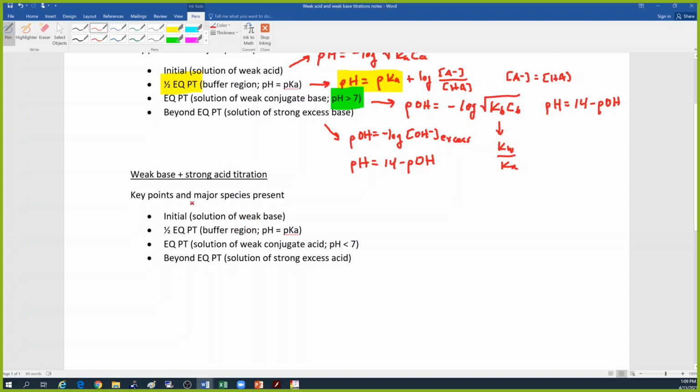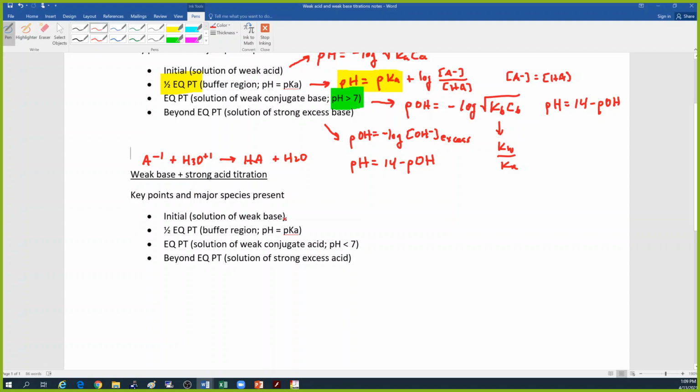So remember, if we start with a weak base and we add a strong acid, this time our reaction looks something like this. Weak base plus strong acid, which would be hydronium, and then we would get our weak acid conjugate and water. So again, it's just the reverse of the one we did on top.